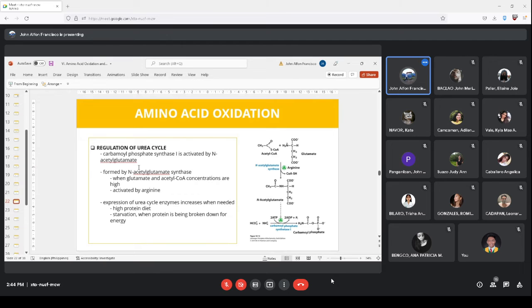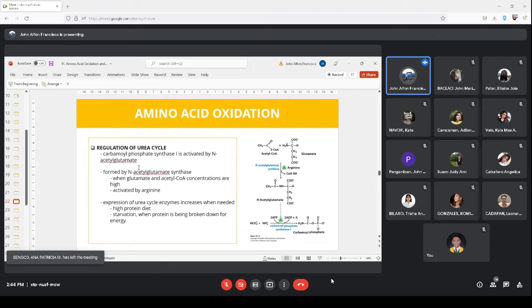So carbamoyl phosphate synthase 1 is activated by N-acetylglutamate, and knowing that the reaction depends on glutamate concentration, it can also be activated by arginine. Okay? So when glutamate is high, it can easily form your N-acetylglutamate.